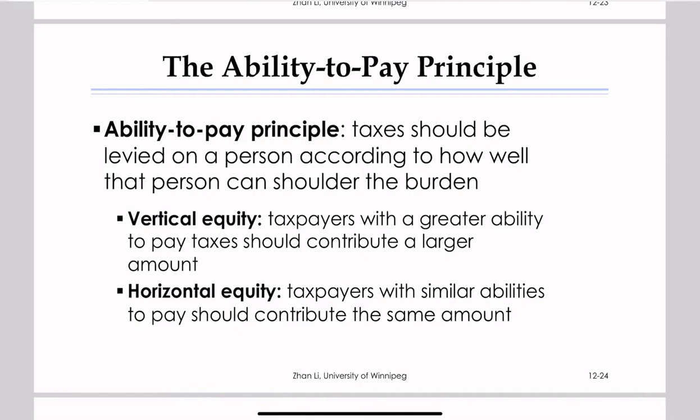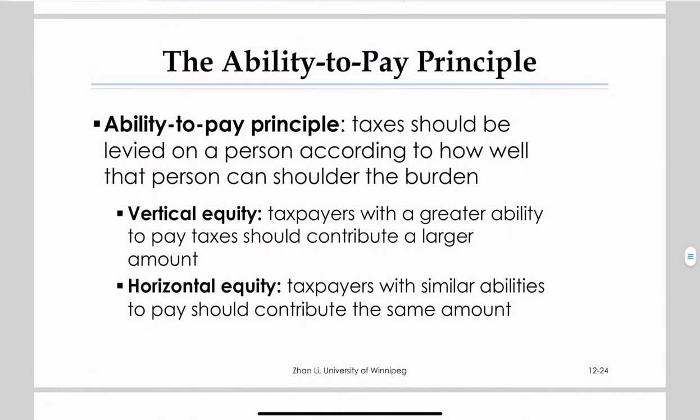On the surface, these two variations look quite easy to understand, and it seems like the ability to pay principle is the way to go. But when you try to implement this principle, vertical equity and horizontal equity are actually quite ambiguous, because how do you measure vertical equity? How do you precisely measure horizontal equity? That's the difficult part.